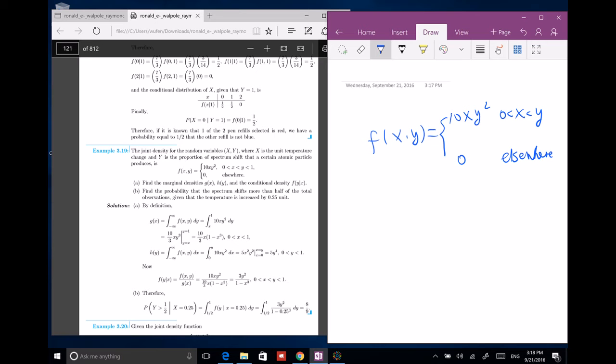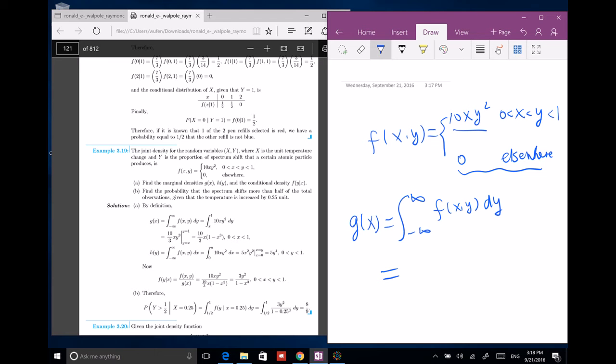Find the marginal density function g(x) and the conditional probability f(y given x). So first, find the marginal function. The marginal function is the integral from negative infinity of f(x,y) dy. However, the function is only nonzero on 0 < x < y, elsewhere it is 0.